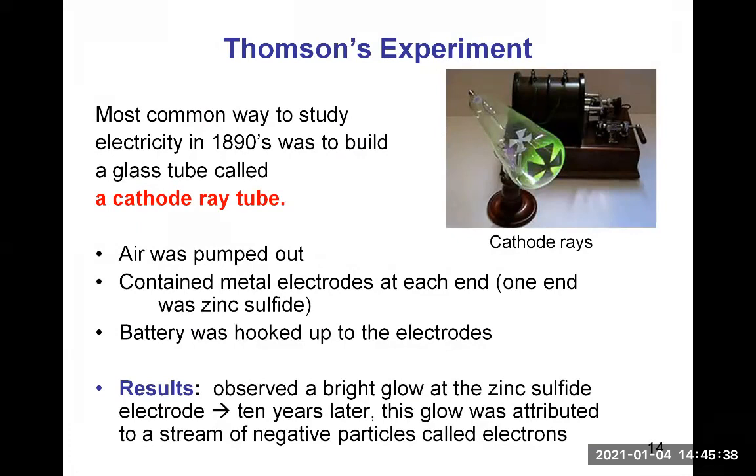And there was a battery hooked up to the electrodes. So when you would apply a current, you would observe a bright glow at the zinc sulfide electrode. And it's only 10 years later that this glow was attributed to a stream of negative particles that are called electrons.